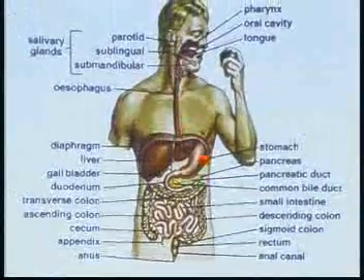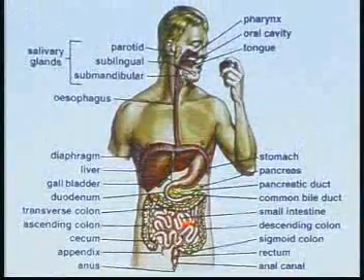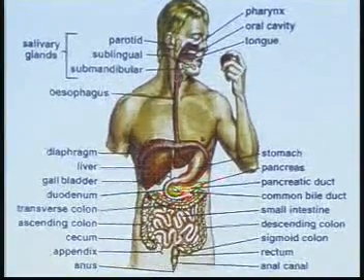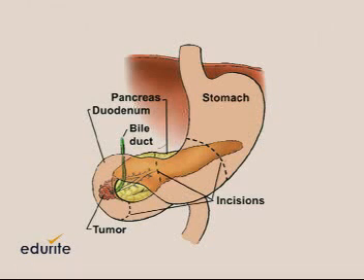In the loop between the stomach and the duodenum, there is a leaf-shaped gland called the pancreas, yet another vital gland associated with the digestive system. From the pancreas is secreted a juice called the pancreatic juice, carried by the pancreatic duct to the duodenum. Now, pancreatic juice contains three enzymes: trypsin, amylase and lipase.